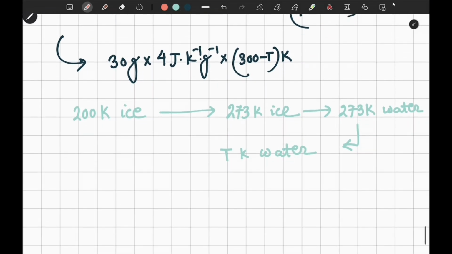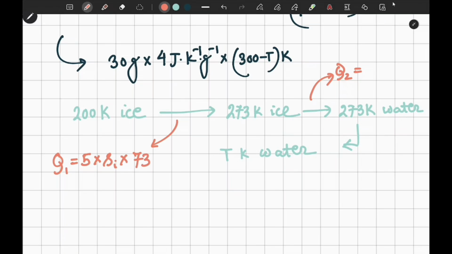Now for this process, the mass is the same. So Q1 will be the mass, which is 5 gram, times the specific heat S of ice, times 73. This is Q1, and this is Q2. What will Q2 be? Q2 is easy.